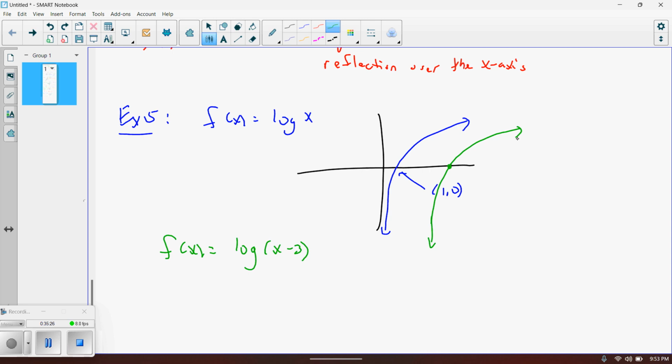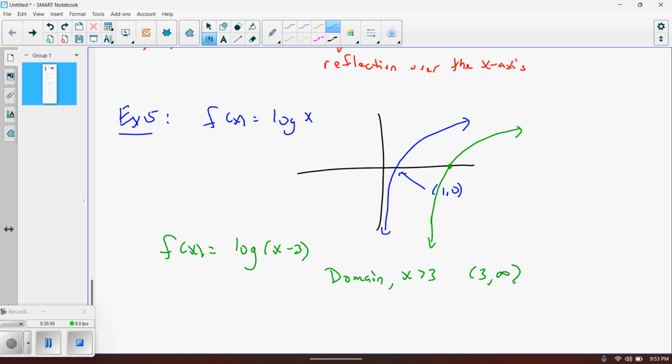And the way you can think about that is this has to do with your domain. Again, you cannot take the log of a 0 or a negative number. So I cannot plug 3 in here because that would give me log of 0. But I can plug anything bigger than 3 in there. So your domain here would change to be that x has to be bigger than 3, or in interval notation, it would be 3 to infinity.